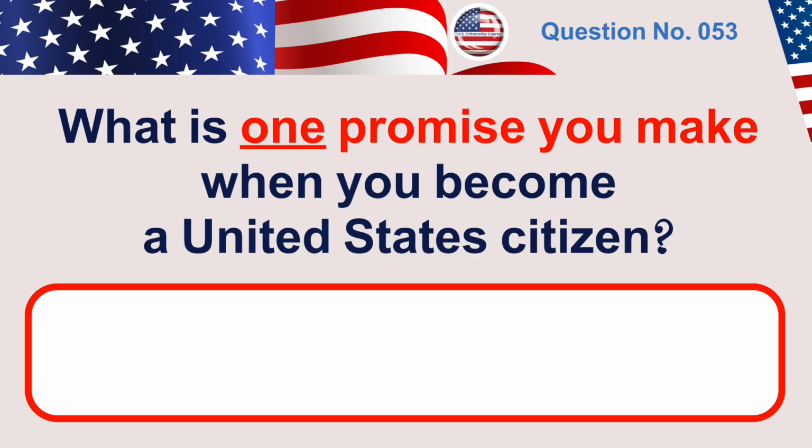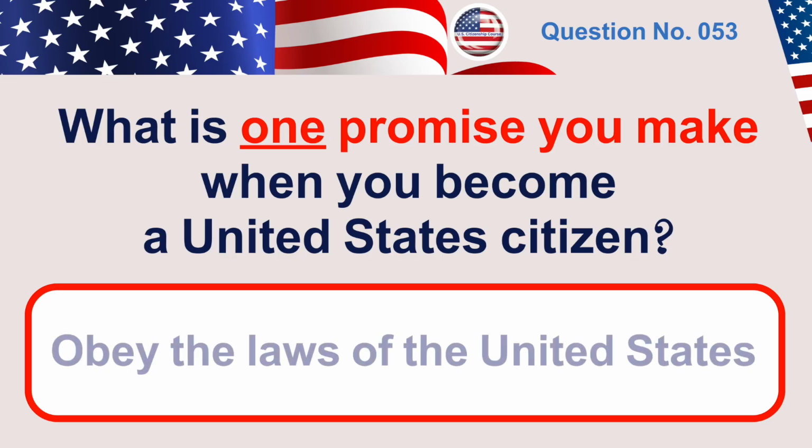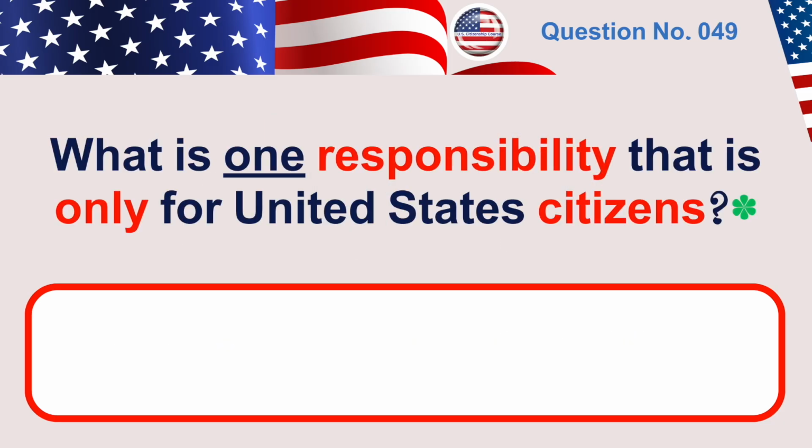What is one promise you make when you become a United States citizen? Obey the laws of the United States. What is one responsibility that is only for United States citizens?